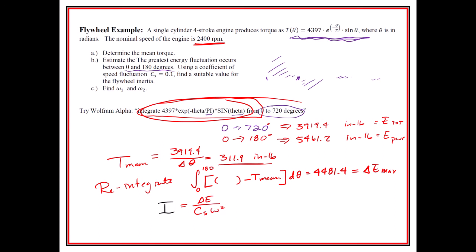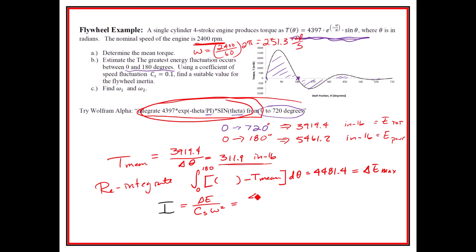By the way, something I don't think I ever showed up in here is that omega is going to be 2,400 divided by 60 times 2 pi, or 251.3 radians per second. So when we get down here, we get the 4481.4 divided by 0.1. Do I ever say anywhere in there? Yes, I do. That's one of the givens.